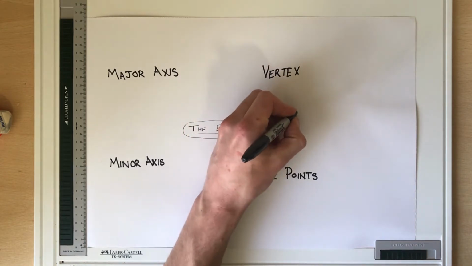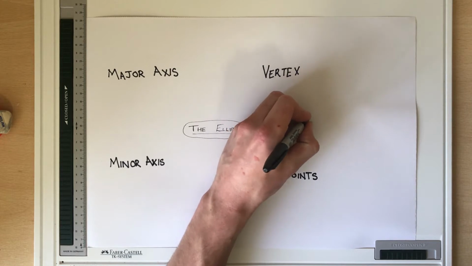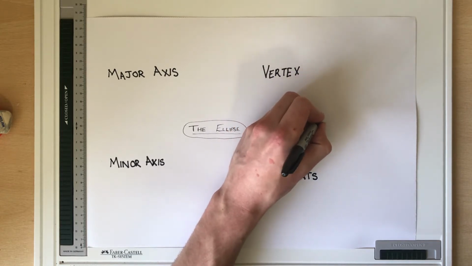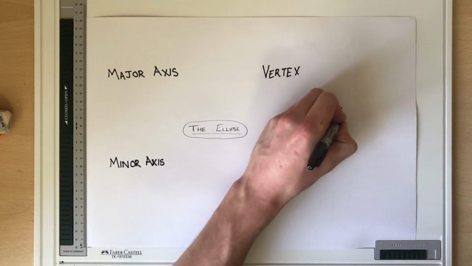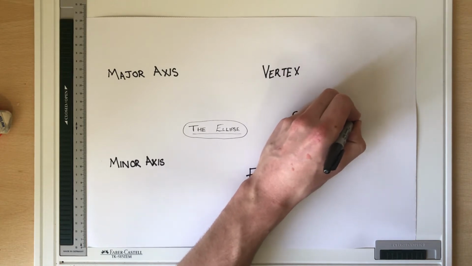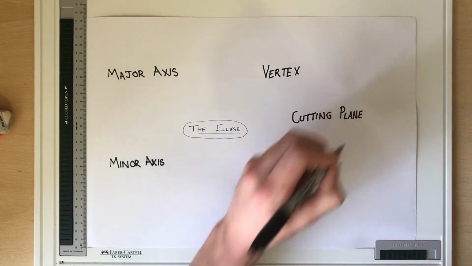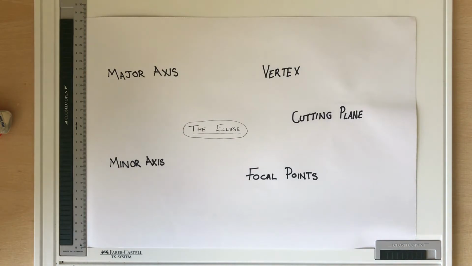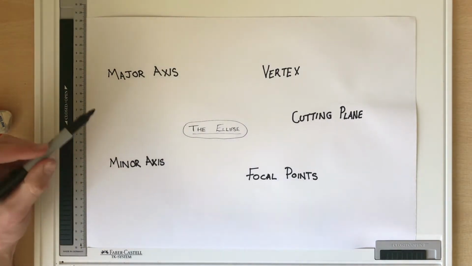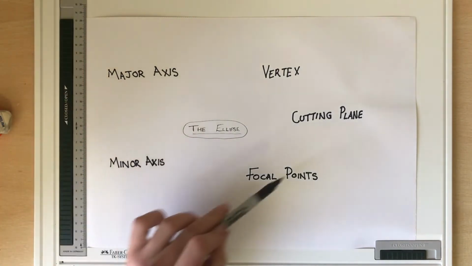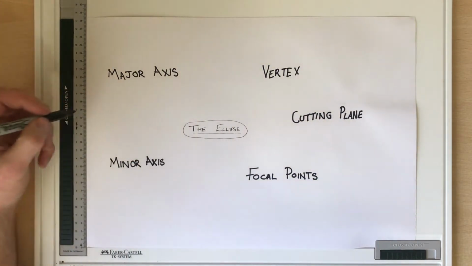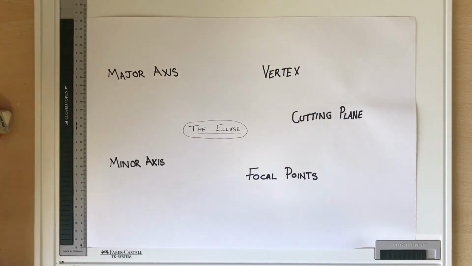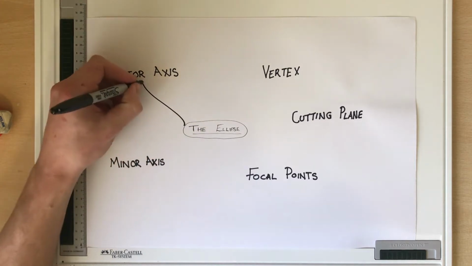And finally we have the cutting plane. So by the end of this short video, hopefully we will be able to point out why each of these 5 words are linked to the ellipse, and we'll be able to define each of them as well.